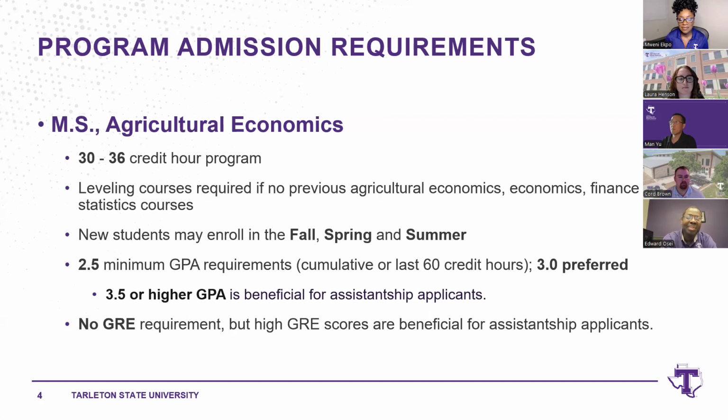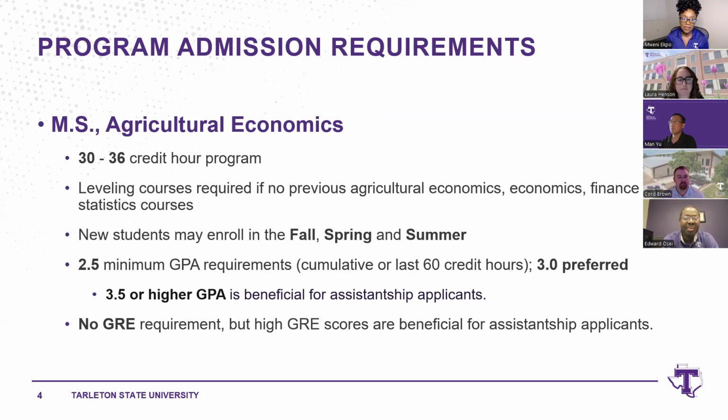The Master of Science in Ag Economics consists of either 30 or 36 credit hours. The 30 credit hour offering is for the non-thesis option. The 36 credit hour offering is for the thesis option. And for that, we require students to enroll typically in the fall, but you can also enroll in the spring or summer.